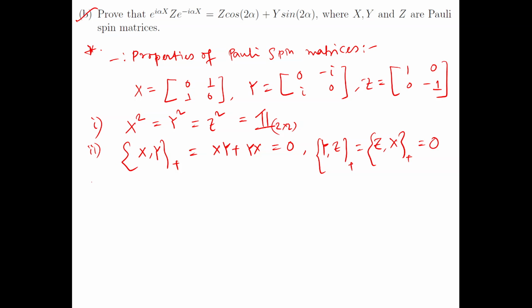And another property: when you take the matrix multiplication of x with y, you get iz. And yz gives ix, and zx gives iy.